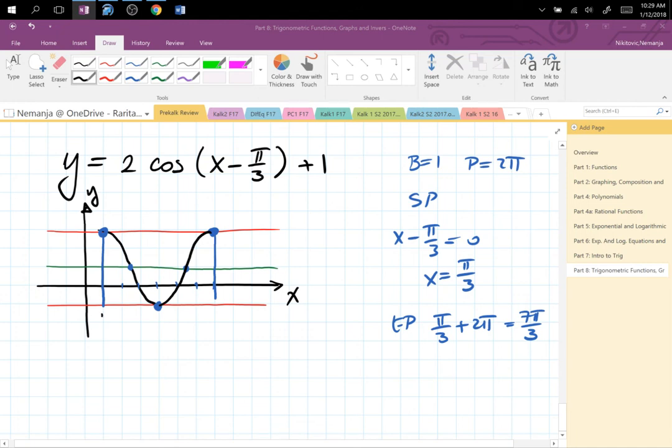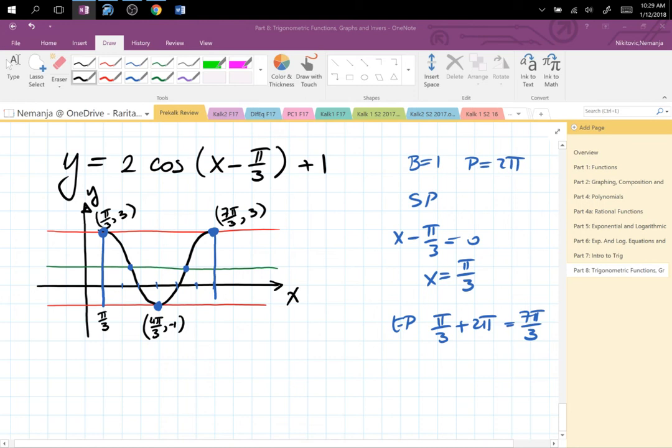So now this is pi over 3, 2, 3, 4 pi over 3 and negative 1. And the end point is 7 pi over 3 and positive 3. And the start point is pi over 3 and positive 3.